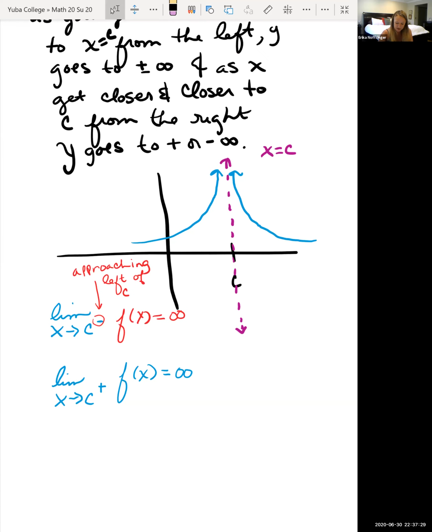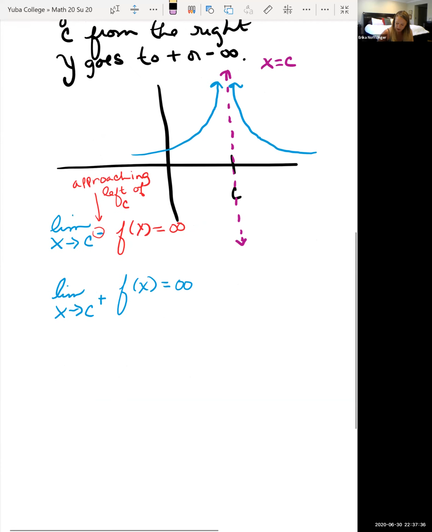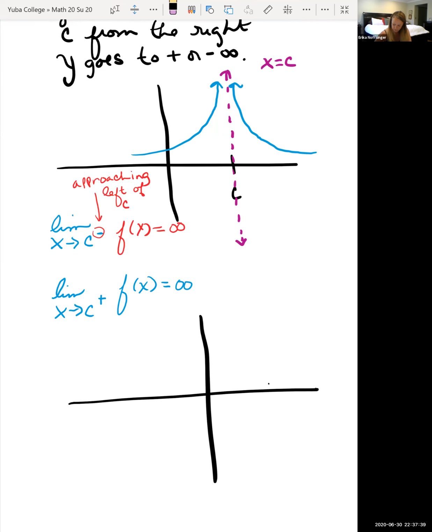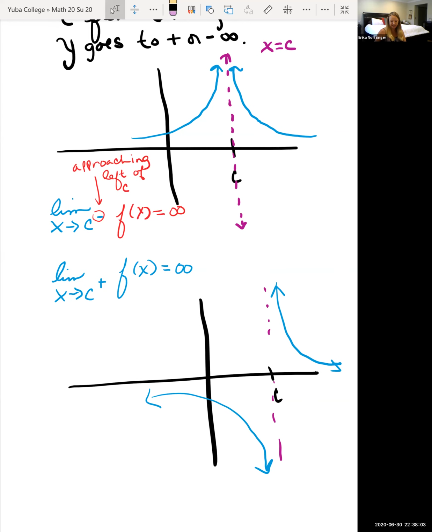But the vertical asymptotes could be going in opposite directions. One can be going up, one could be going down. So for instance, we could have been coming down like this, maybe coming up like this. So notice as x is approaching c on the left, you're going down to negative infinity.